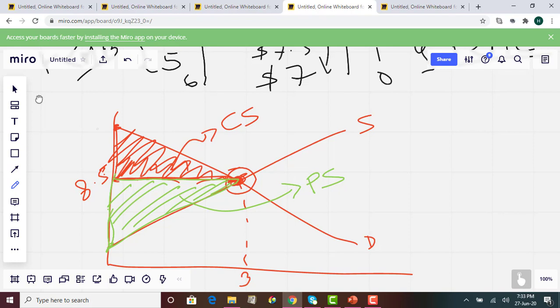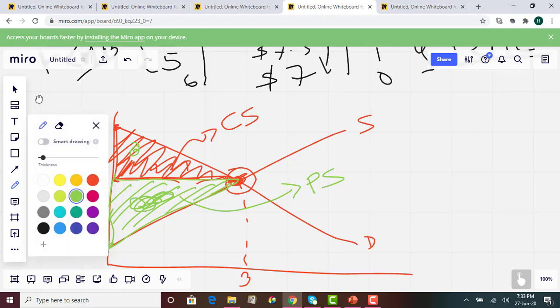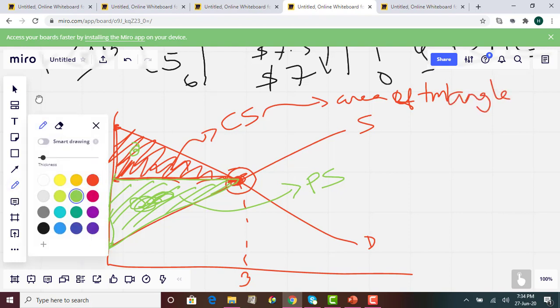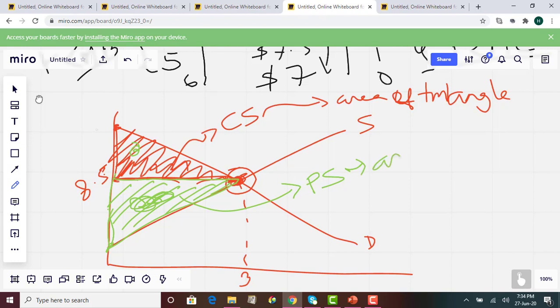You can calculate the area of this triangle and the area of this triangle, and you can figure out what is consumer surplus and what is producer surplus. So again, consumer surplus is basically the area of the triangle, and similarly, producer surplus is the area of the inverted triangle.